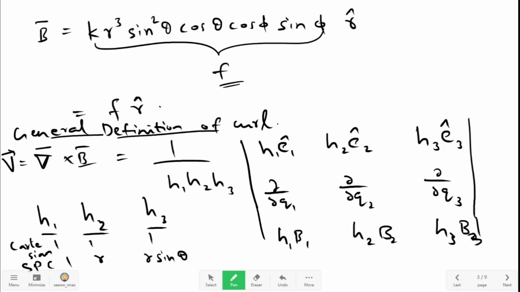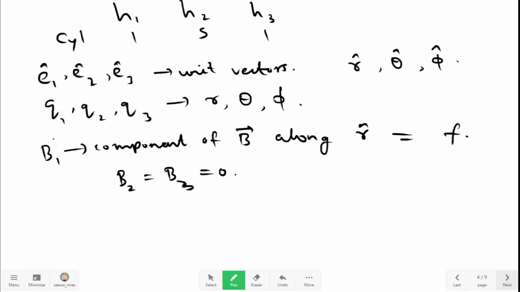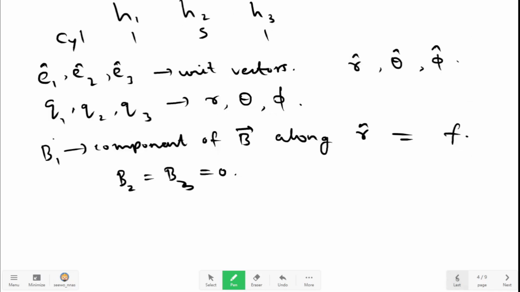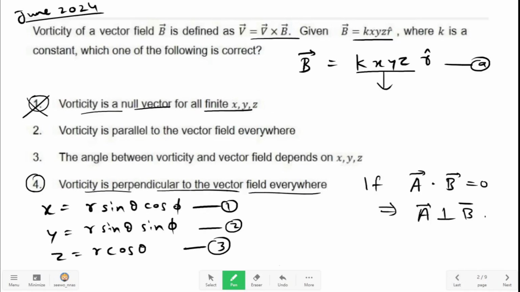There is no theta cap or phi cap component for B. Therefore this dot product turns out to be 0. Now dot product turning out to be 0 implies V is perpendicular to B. Therefore option 4 is the correct answer here.